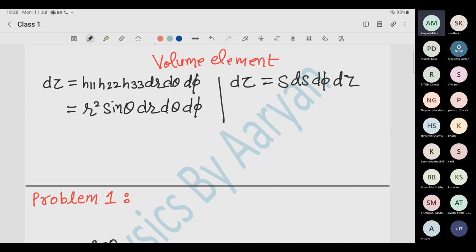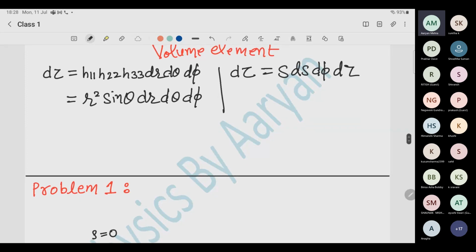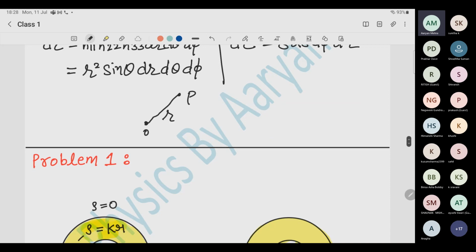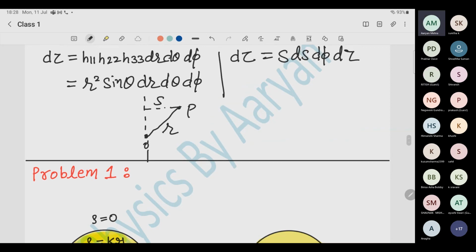Understand this very nicely. If you have an origin O and a point P, and you do not know whether to use spherical or cylindrical, then what will be r and what will be s? r will be the direct distance from point O to P. But s: first you need to define your z axis, and then s will be the distance from that axis.